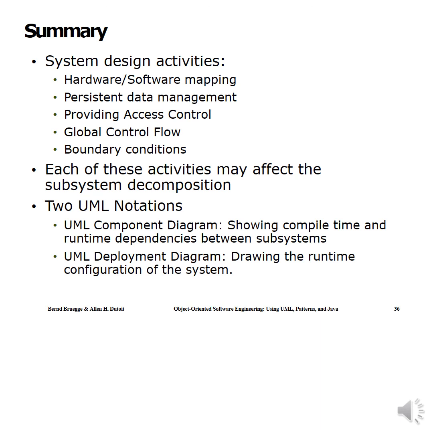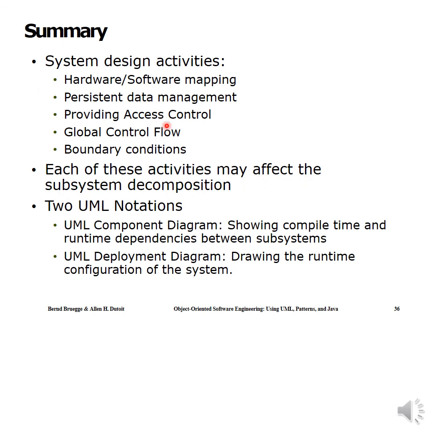These are mapping subsystems to processors and components, then how to store persistent data, then how to provide access control, then selecting the control flow mechanism, and then identifying the boundary conditions, and as a result of identifying new boundary use cases, revising the subsystem descriptions.